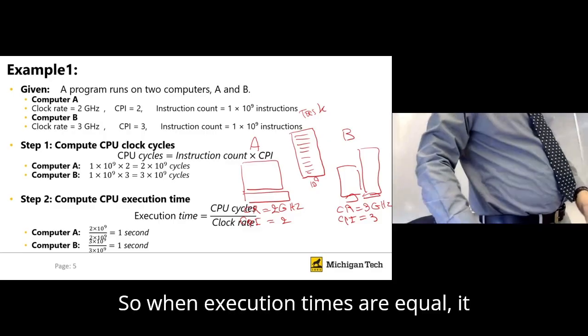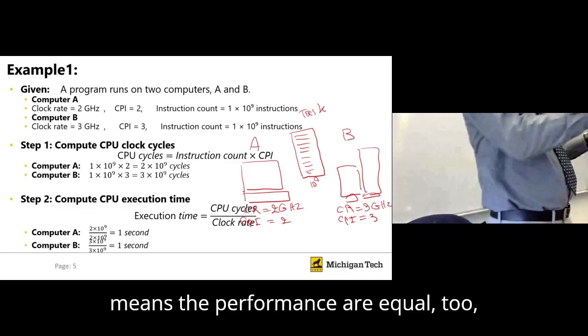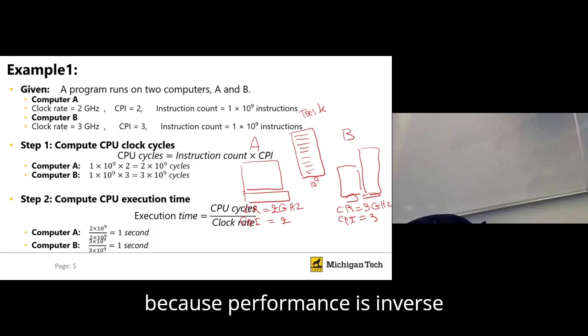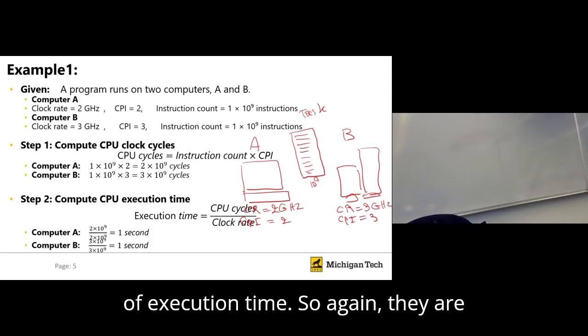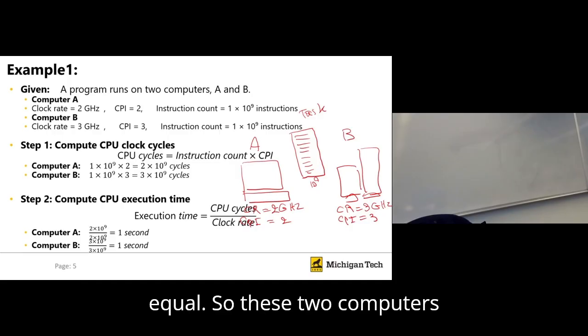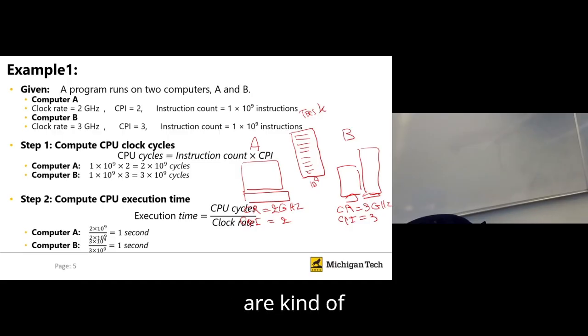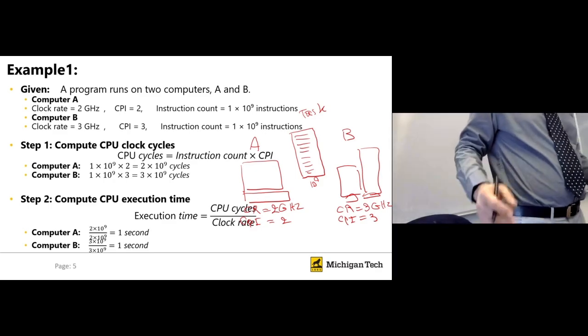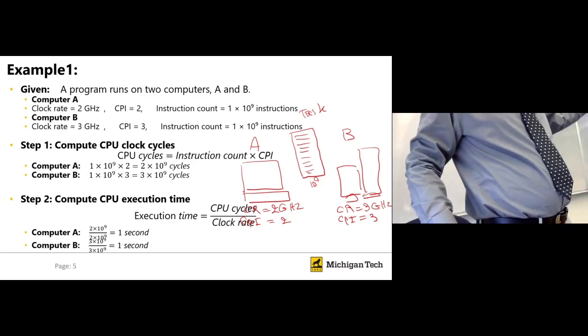So when execution times are equal, it means the performance is equal too, because performance is the inverse of execution time. So again, they are equal. These 2 computers have the same performance. Any question about this?